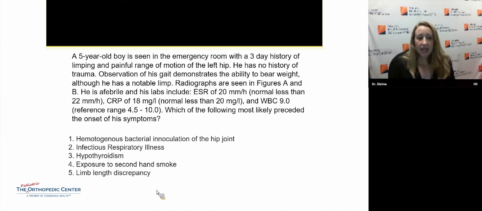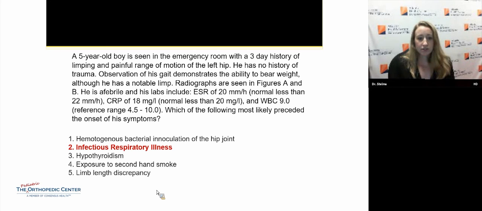Radiographs are seen in figures A and B. He is afebrile, and his labs include an ESR of 20, normal is less than 22, CRP of 18, normal is less than 20, and a white blood cell count of 9, so also in the reference range. Which of the following most likely preceded the onset of his symptoms? A hematogenous bacterial inoculation of the joint, infectious respiratory illness, hypothyroidism, exposure to secondhand smoke, or a limb length discrepancy.